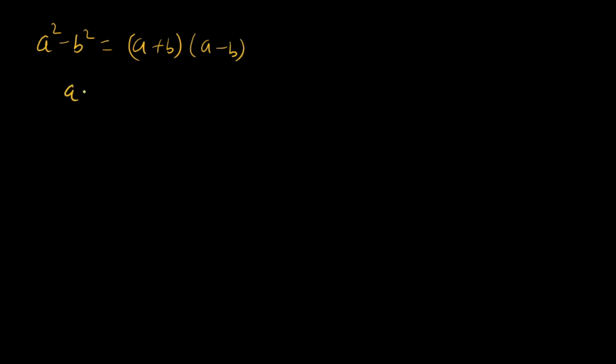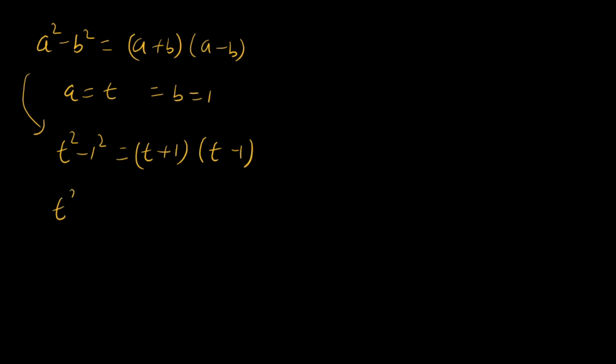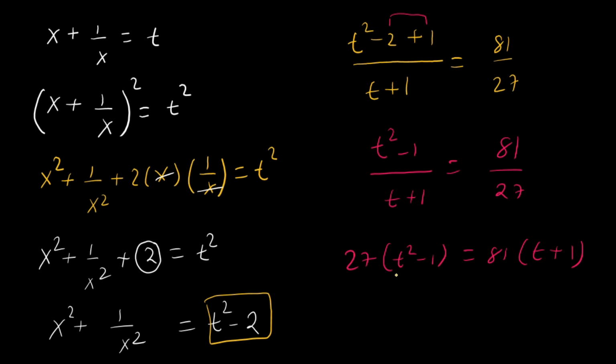If we substitute a equals t and b equals 1, then on the left hand side t squared minus 1 squared equals (t plus 1) times (t minus 1). So t squared minus 1 is replaced by (t plus 1) times (t minus 1), and 27 times that expression is positive on the left hand side.